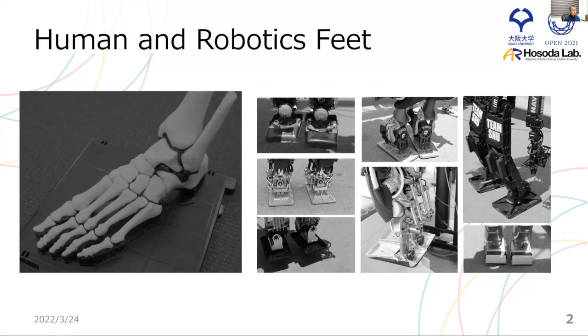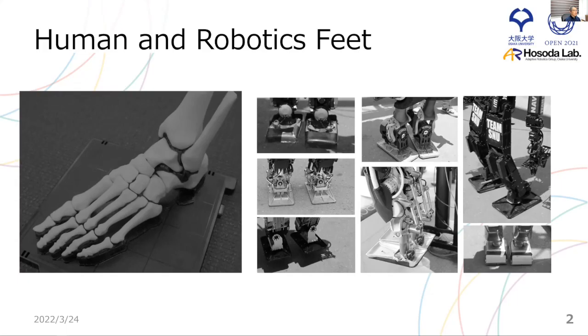Compared to the very simple humanoid robot foot, which is normally a flat plane, some medical doctors say that the structure of the bones generates a moment to suppress the rotation of the body or to regulate the reaction force, for example.